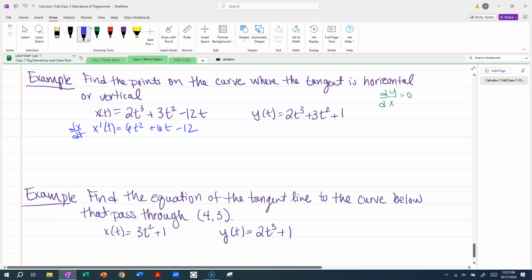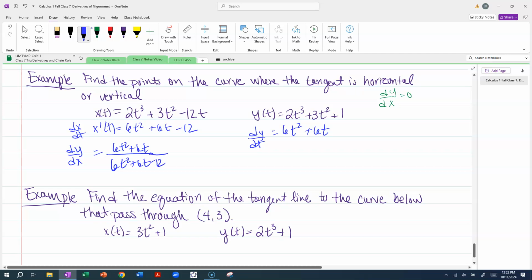Then dy dt is equal to 6t squared plus 6t. So dy dx is the quotient of dy dt, 6t squared plus 6t, over 6t squared plus 6t minus 12, which is dx dt.